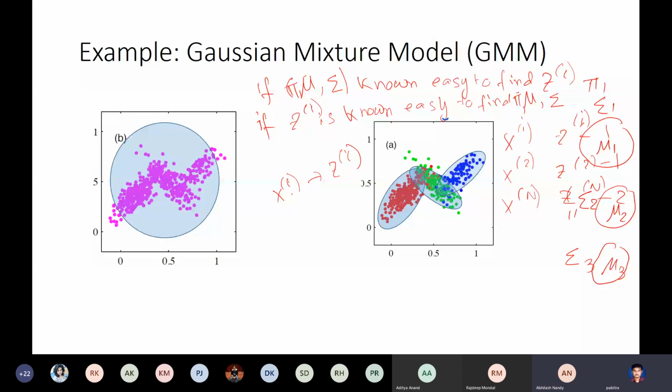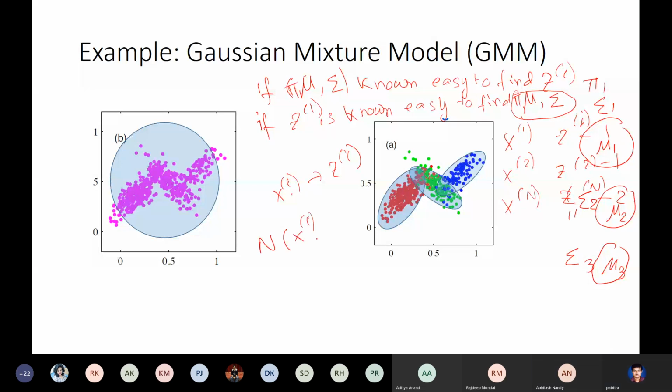Sir, pi is basically p of z equal to z1 or z equal to z2, is it that? Pi is a prior probability. Yes, prior probability. So pi is the prior probability, whereas this is the likelihood probability.